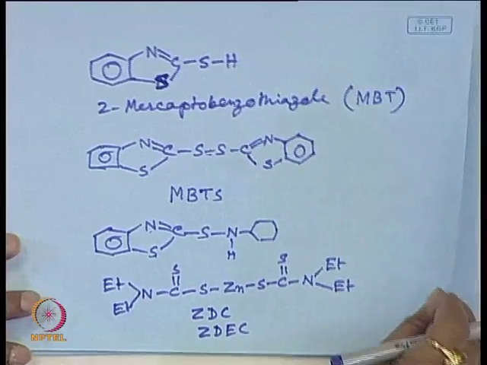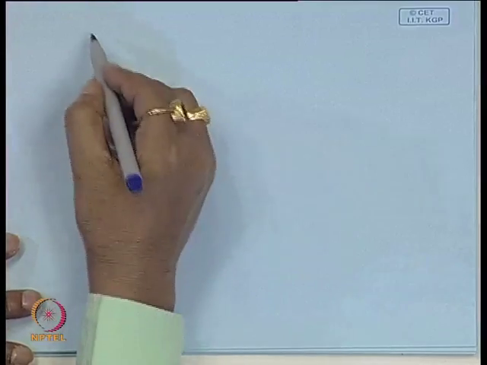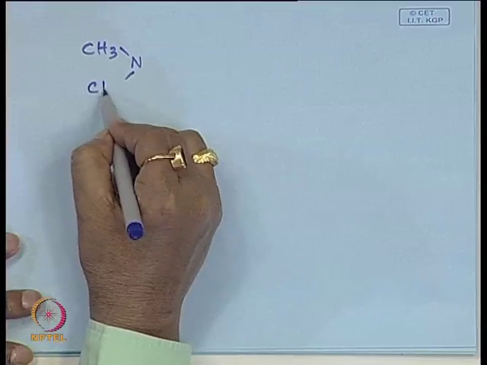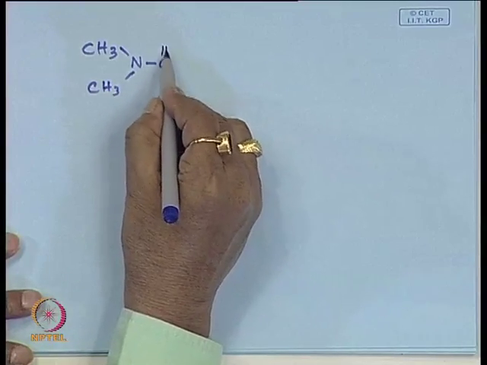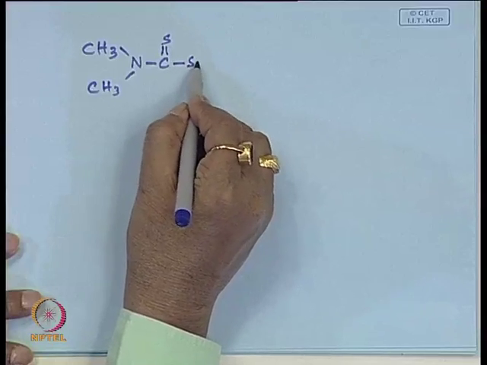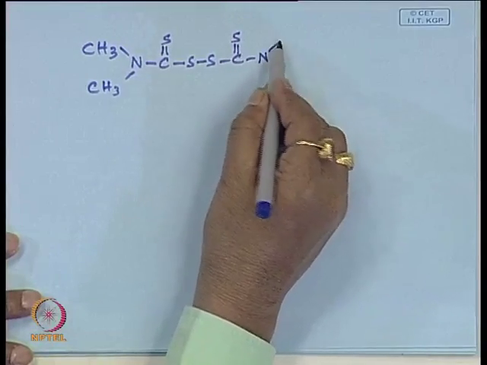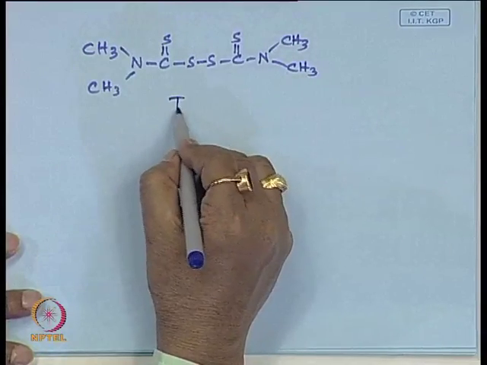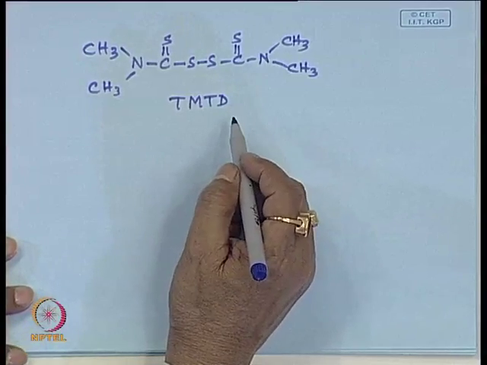Then the next category is TMTD, thiuram disulfides and thiuram sulfides, say tetramethyl thiuram disulfide.